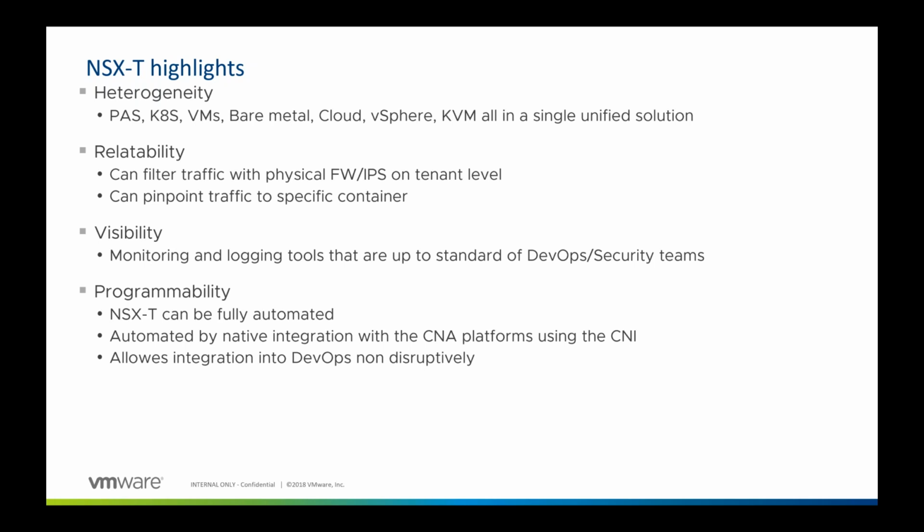So having one solution that is very well integrated with all these types of workloads, and is able to provide a seamless experience for the developers by providing networking, security, and operational tools, is pretty powerful, and the variety of workloads supported on NSX-T is unmatched.